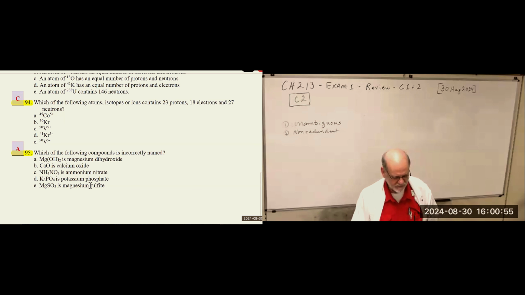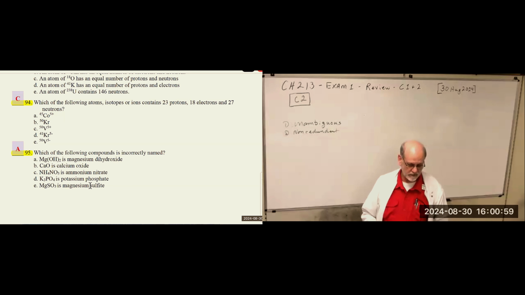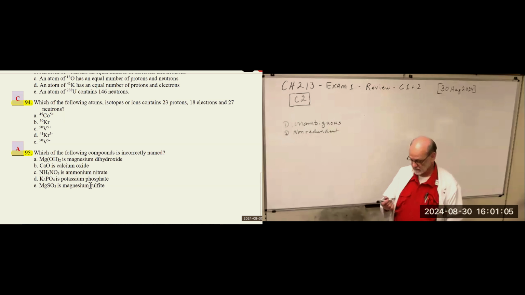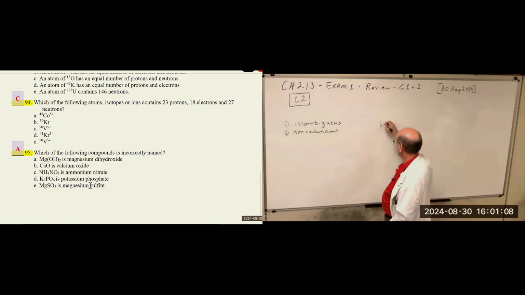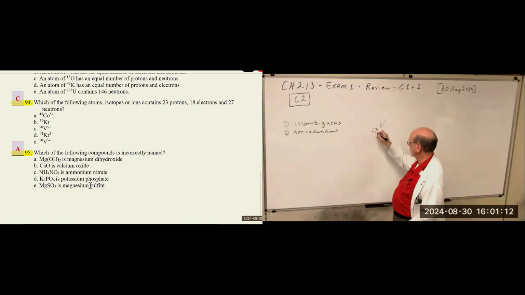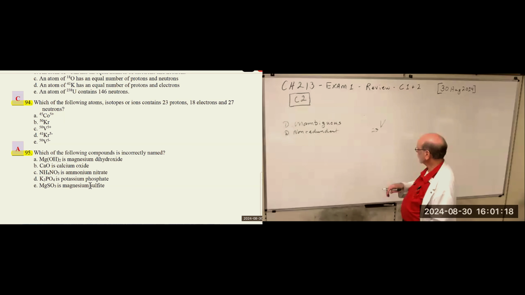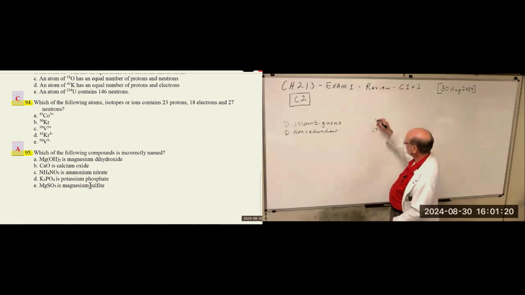Which of the following atoms, isotopes, or ions contain 23 protons, 18 electrons, and 27 neutrons? Okay, 23 protons would be vanadium, correct? So that's 23 protons. If it has 27 neutrons, that means 50 up here, right?